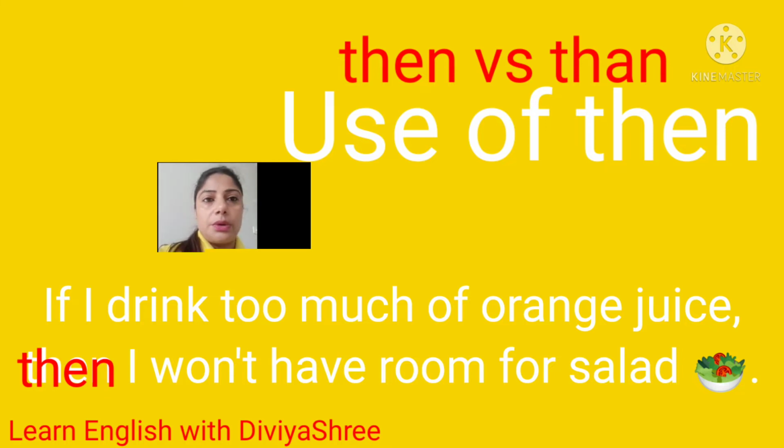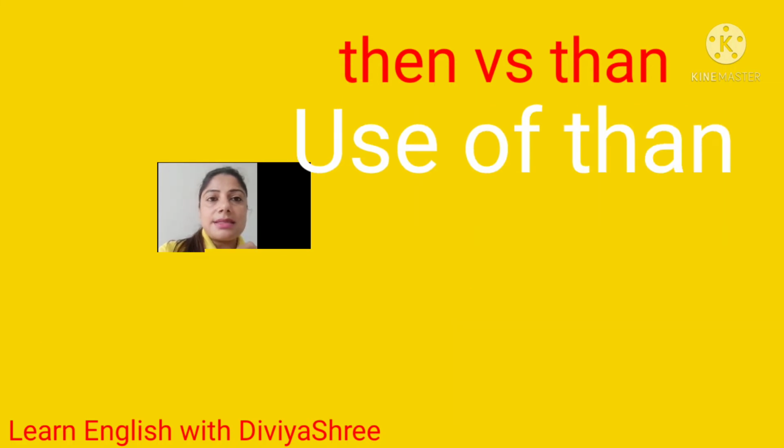Very good. Let's see the examples of than, THAN. Listen carefully and understand it. So how do you use than? THAN is a conjunction, first remember this, or a preposition.